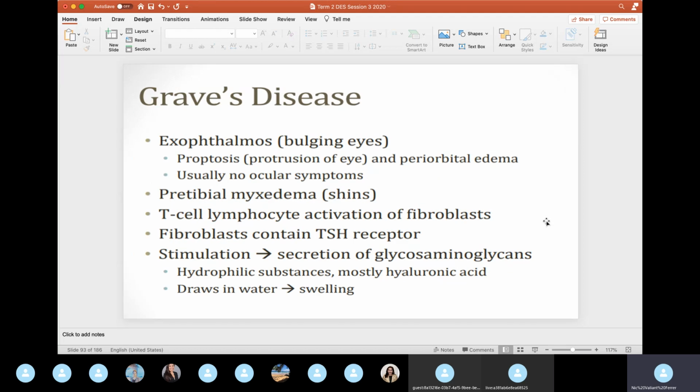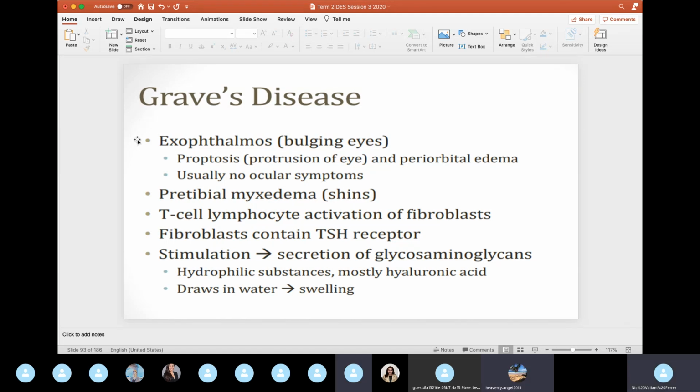Graves' disease, high yield. Graves' disease, commonly seen in hyperthyroidism. What are the signs and symptoms for this one? You should know this. Exophthalmos, bulging eyes. So you have periorbital edema. What causes exophthalmos? The formation of glycoproteins behind the eye.